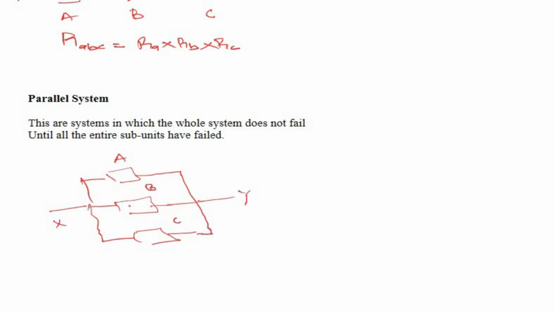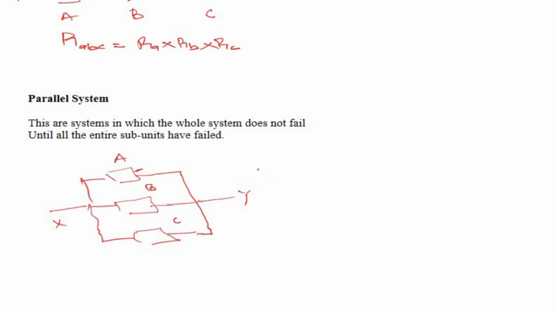So if component A should fail, the system will still operate because it has another route, which means it has component B and component C to also work. If component C should fail, the system will still work. For this system to fail, all the components in the system must fail. So that is the reliability of this system.